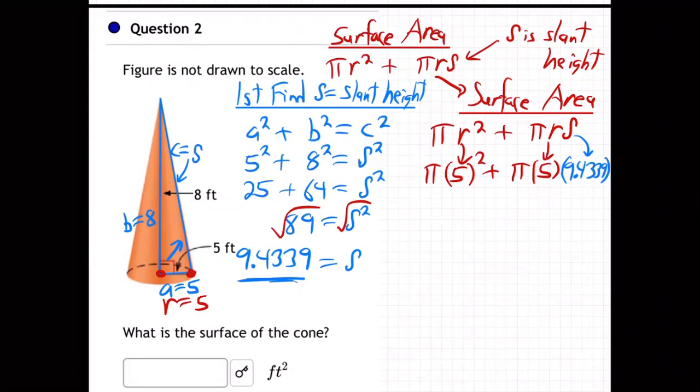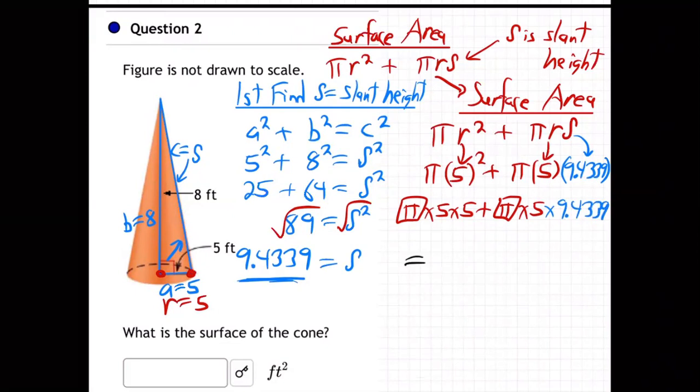So on your calculator then, what are you going to do? You're going to do the pi button times 5 squared, or you can use the second power button if you want, plus the pi button times 5 times 9.4339, or whatever your slant height is, and we should get an answer.